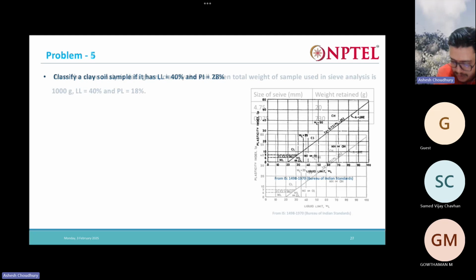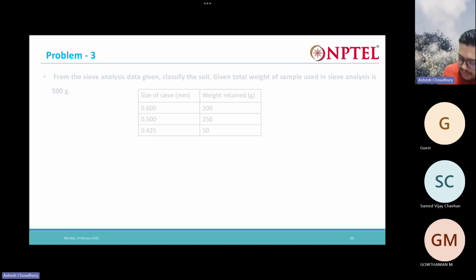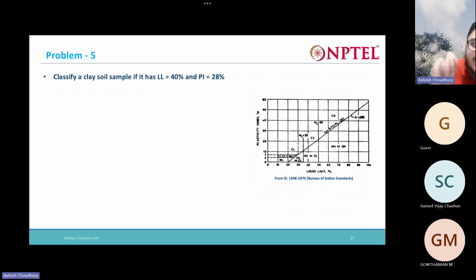See, before what we did, don't get confused. These were the classification of coarse type of soil. Now here, this question is about fine grained soil, where more than 50% of the soil is finer than 75 microns. That time, how do you classify the soil?